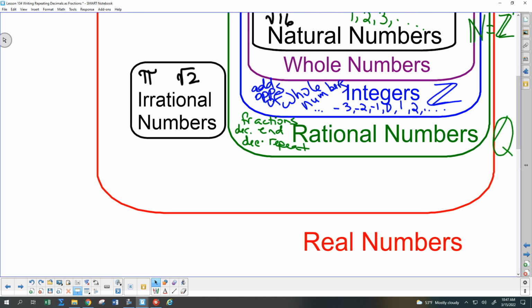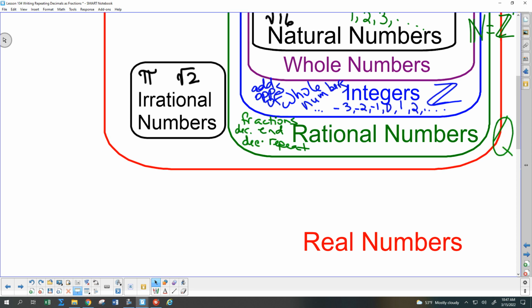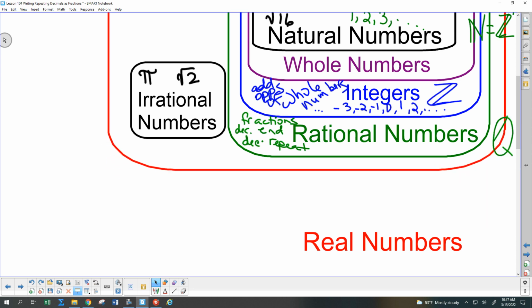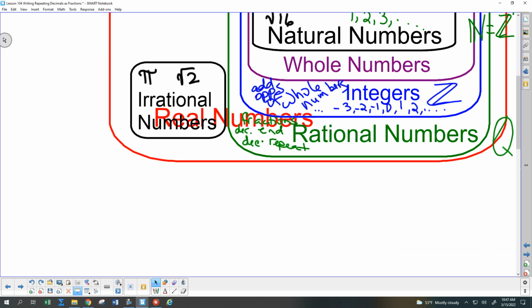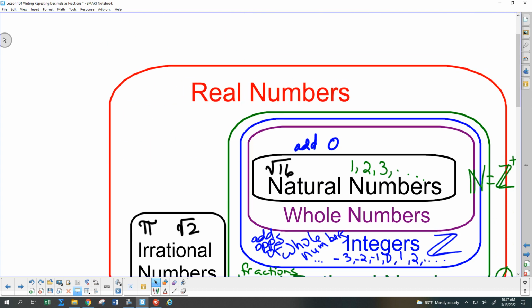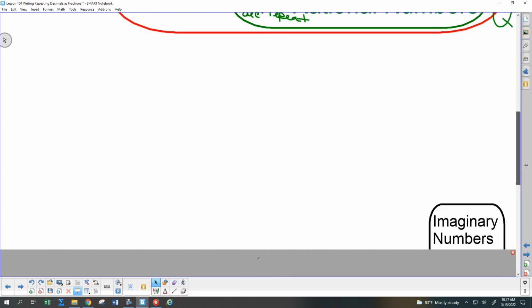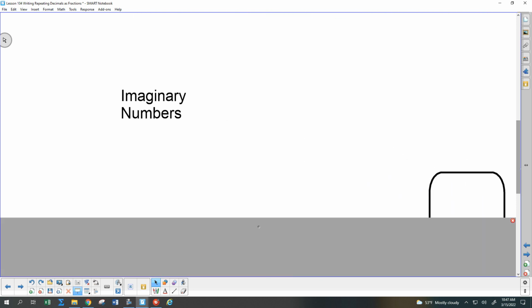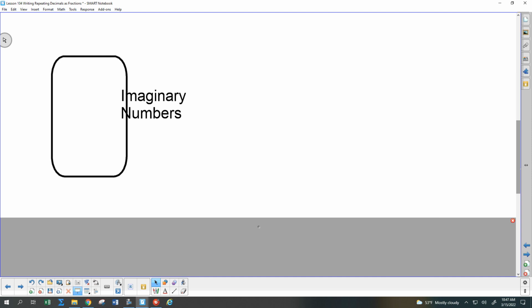So this red circle needs to include all of the rationals and all of the irrationals, and those are all reals. But as Elizabeth just reminded us, and as we've learned previously, there are numbers that aren't real. There are ones that have I in them. We can have ones that are 100% imaginary.